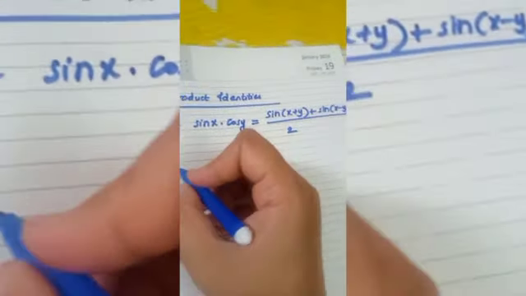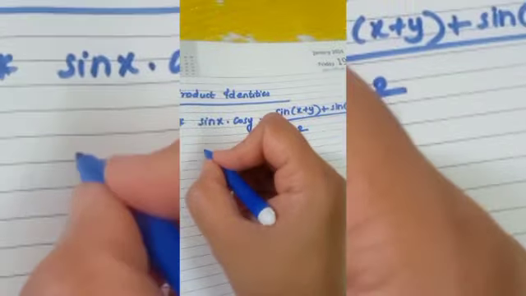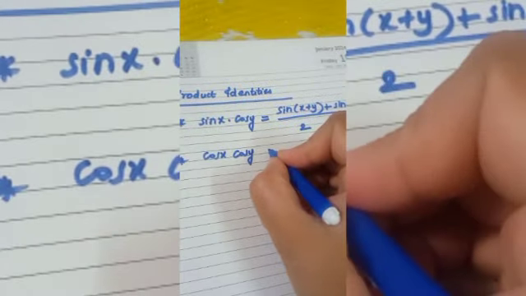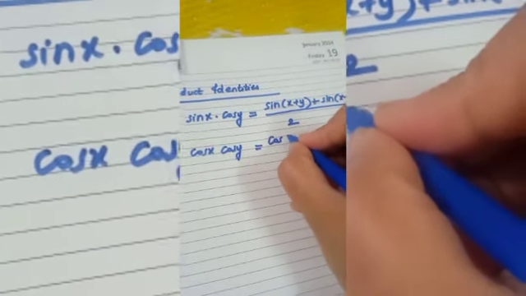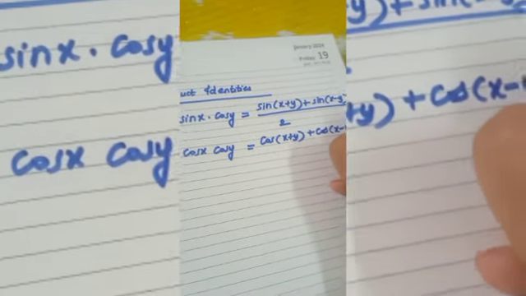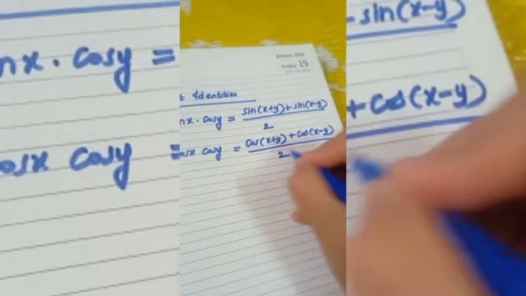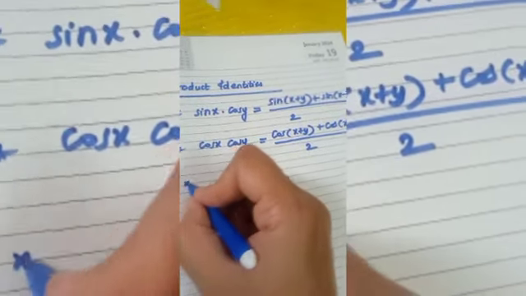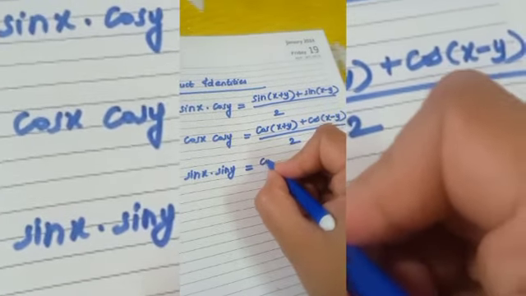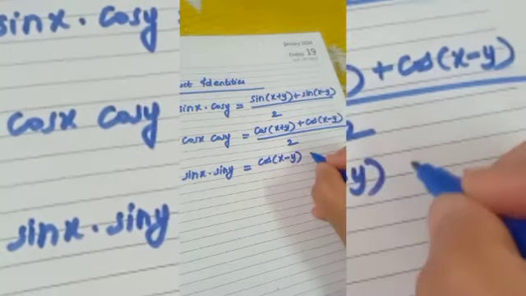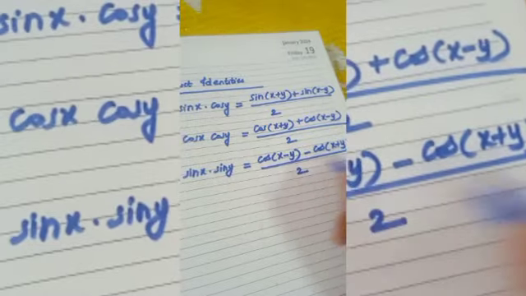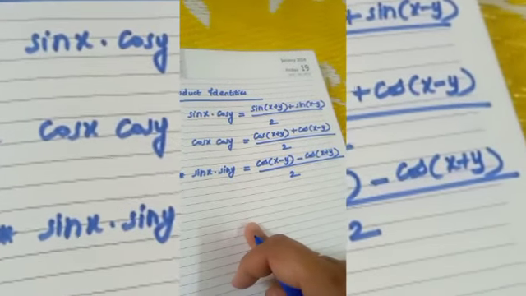And next, cos x into cos y is equal to cos of x plus y plus cos of x minus y, divided by 2. And next function, sin x into sin y is equal to cos of x minus y minus cos of x plus y, divided by 2. These are the product identities.